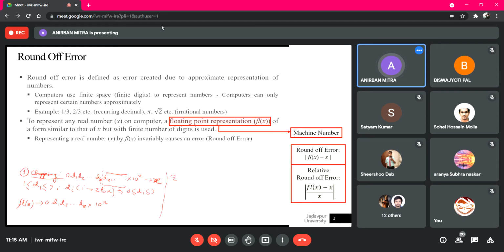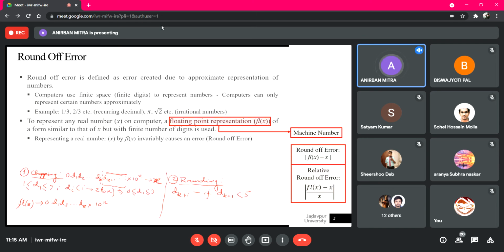So that is the first way of getting a floating point representation. The second is called rounding. In rounding, what we do is we look at this digit, that is dk+1. If dk+1 is less than 5, then we simply chop.